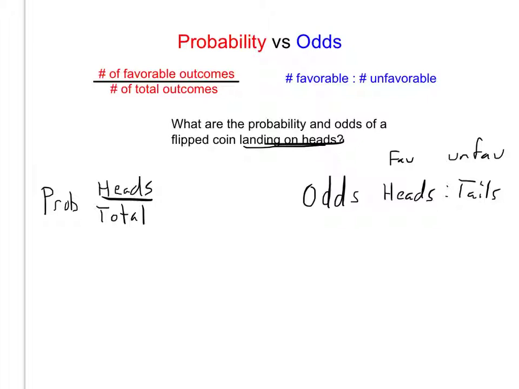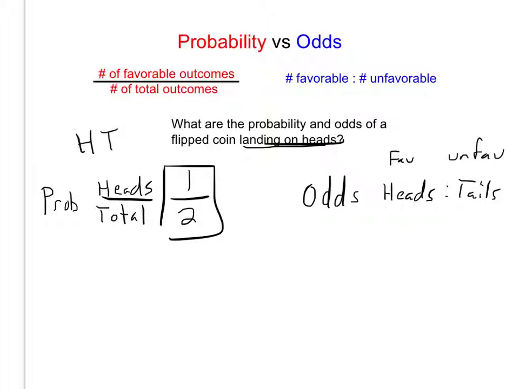So if I flip a coin, and it says I'm only flipping it one time, that means I can either get heads or tails. So probability-wise, one of those is the favorable outcome, heads, and there are two total outcomes, so the probability is a half.